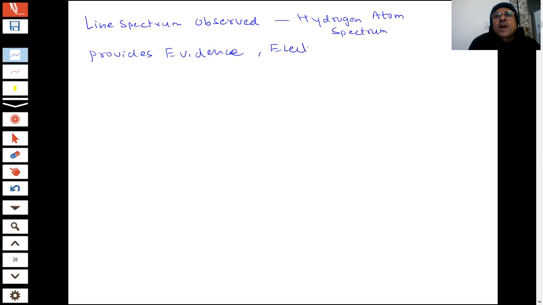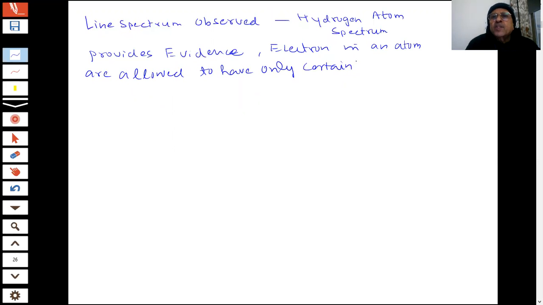Electrons in an atom are allowed to have only certain amounts of energy.